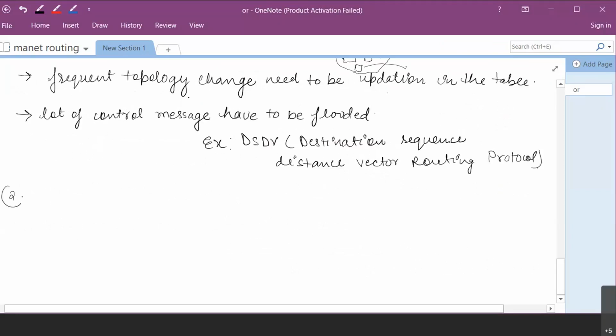Now the second one is the reactive routing protocol. It is called on-demand routing.